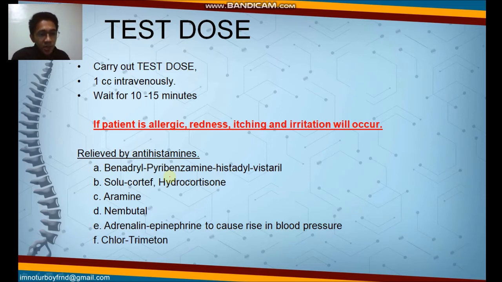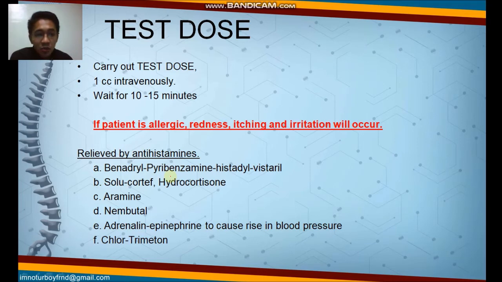Okay? So sometimes, patients with allergic reaction to iodine could be given a pre-medication. Okay, so for example, naingon si patient nga, "I have an allergy to seafood." But then the doctor recommends to continue with the examination. So what to do?